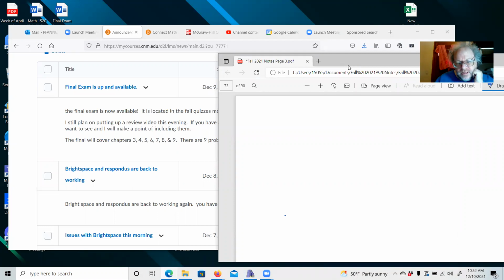So there's going to be chapter 3. We're going to have descriptive statistics: mean, median, mode, range, max minus min, remember, and standard deviation.